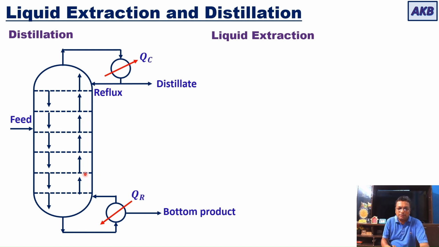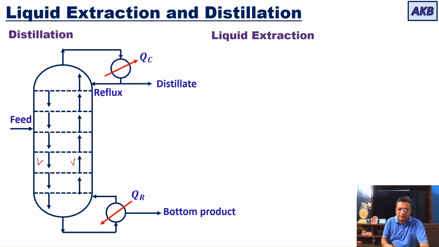If you look at the operation of distillation, you'll come to know that within the column, the two phases, that is liquid phase and vapor phase, are in contact with each other. But the second phase, I'm talking about the vapor phase, is created out of the liquid phase.